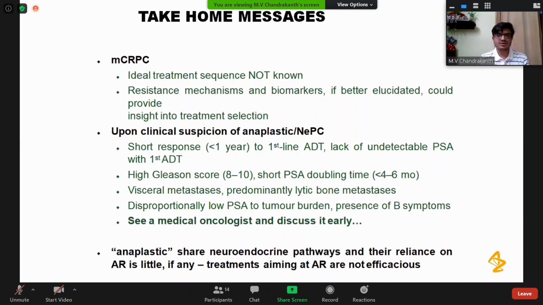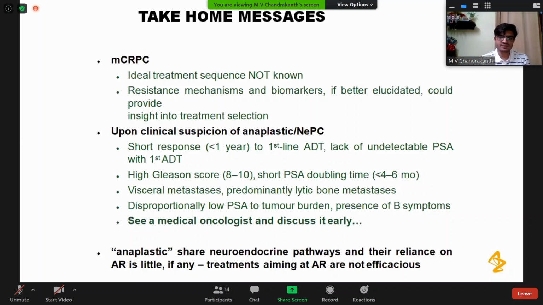So we have to look into the pace of disease, and then use medications in the CRPC setting. And secondly, if you are using sequencing, whether first abiraterone, then enzalutamide in the CRPC setting.